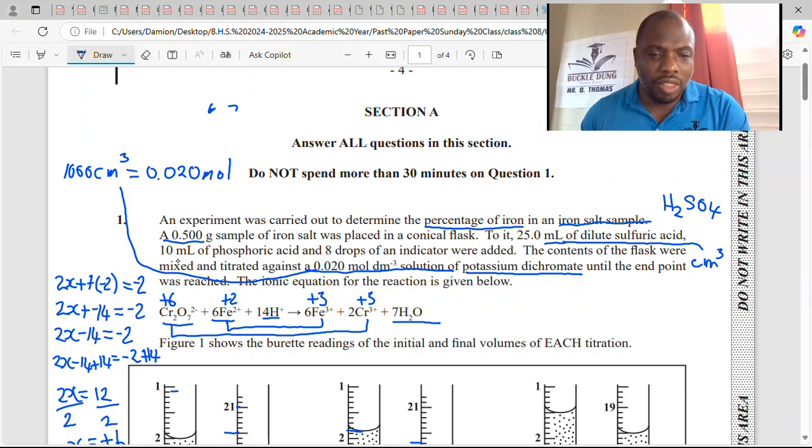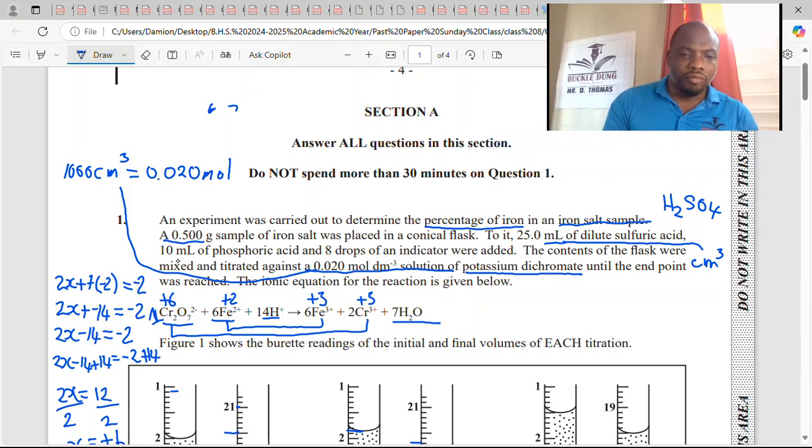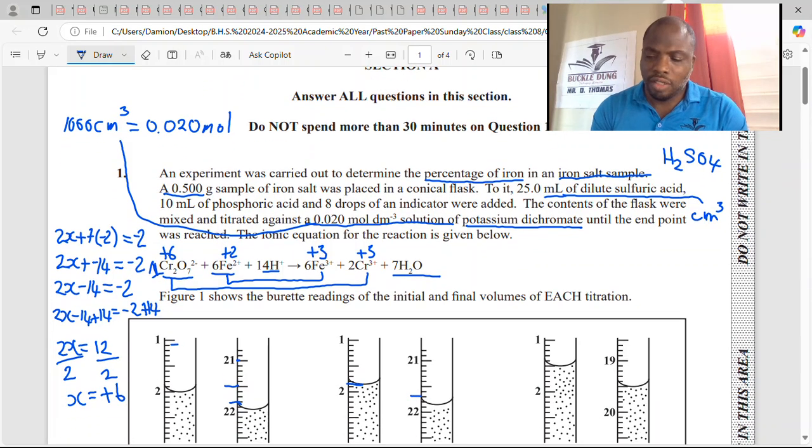What was the equation here? We said that we have 1 mole. So what is the mole ratio in terms of the dichromate and the iron 2? 1-6. Beautiful.